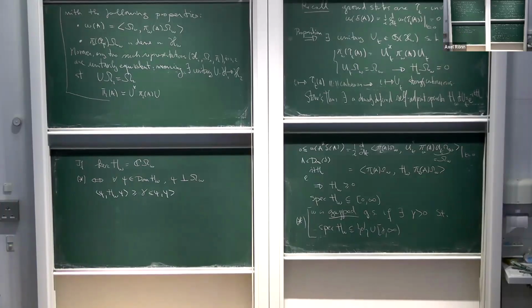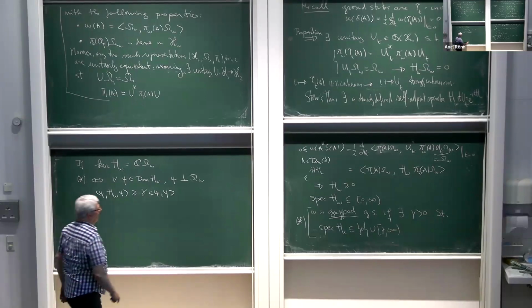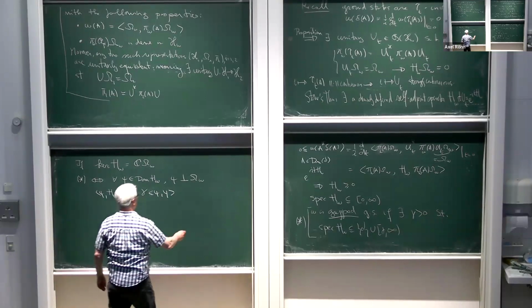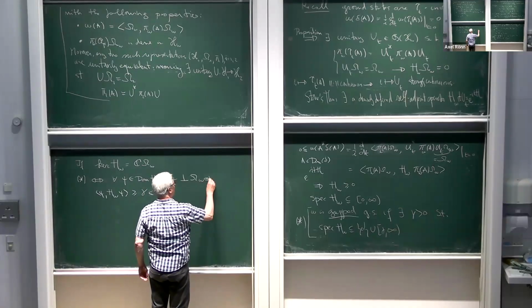So it's not just positive, it's actually bigger than gamma times the norm, if I take a vector that is orthogonal to the ground space. And so this here is equivalent to saying that.